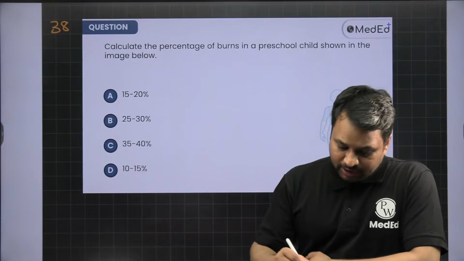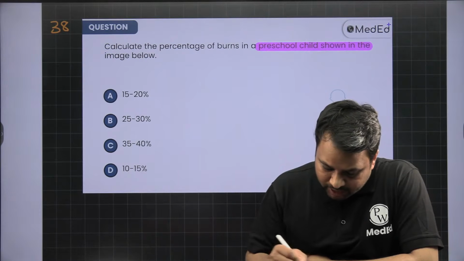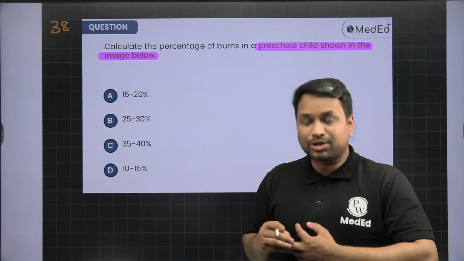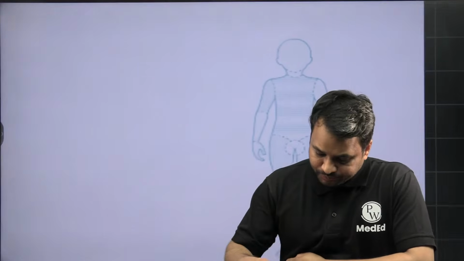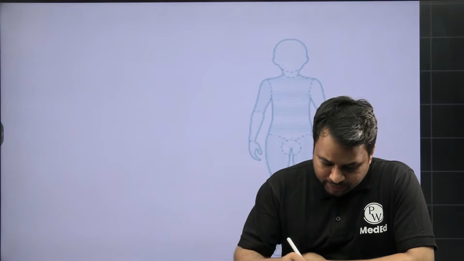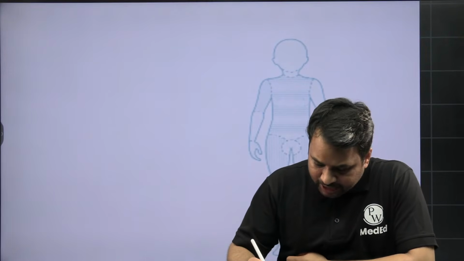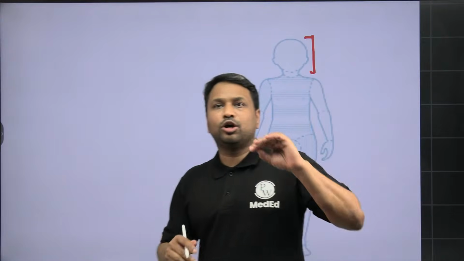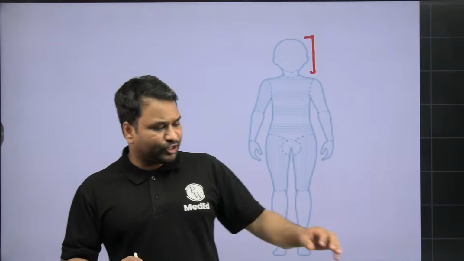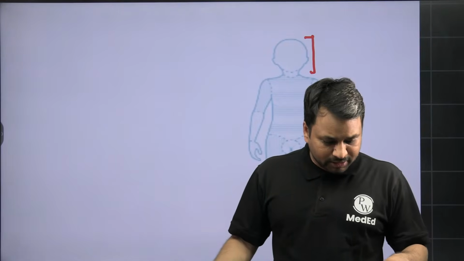Question number 38. Calculate the percentage of the burn in a preschool child shown in the image. When I say preschool child, obviously less than 14 years of age, right? So here, in a child, we have to differentiate between the adult and the child.